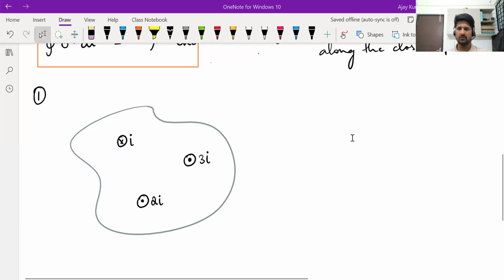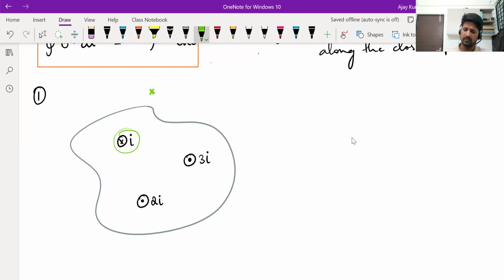If current is going into your screen, consider a random point, let's say somewhere here. One of you tell me, this current I at this point, in which direction does it produce the magnetic field? You can place your thumb into the screen and make your right hand fingers point towards that cross.